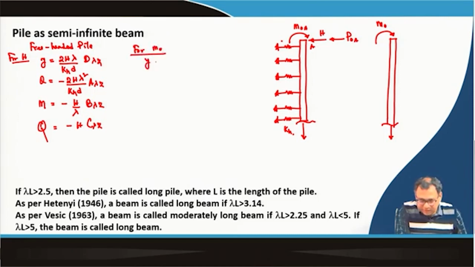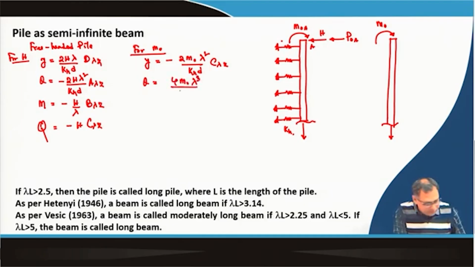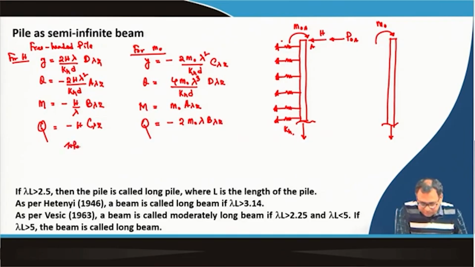The equations are y is equal to minus 2 M0 lambda square by kh d C lambda z, theta is equal to 4 M0 lambda cube divided by kh d D lambda z, bending moment M is equal to M0 A lambda z, and the shear force is minus 2 M0 lambda B lambda z.